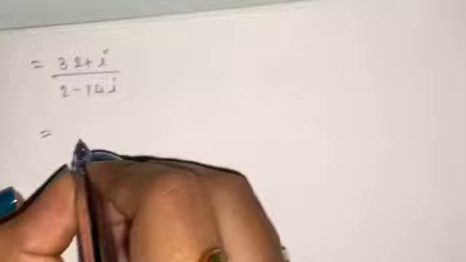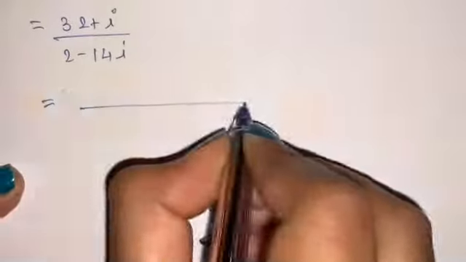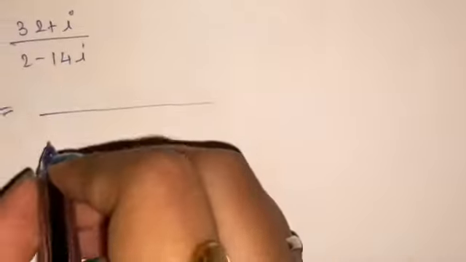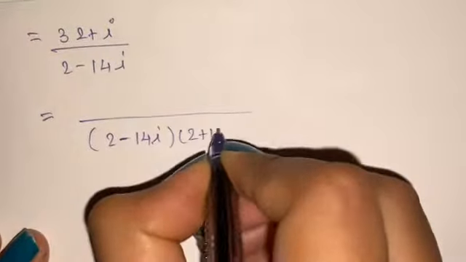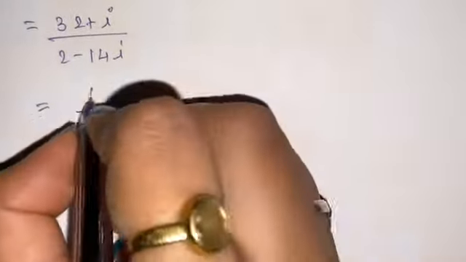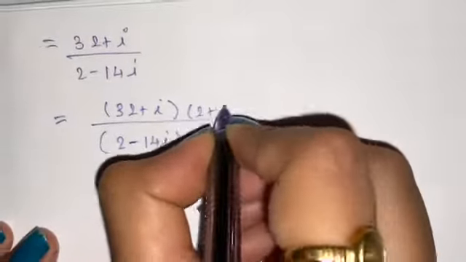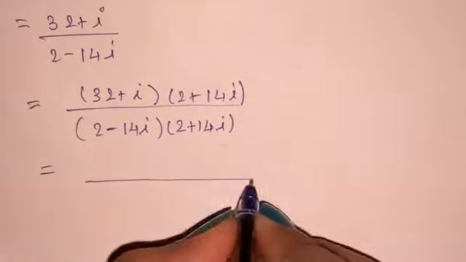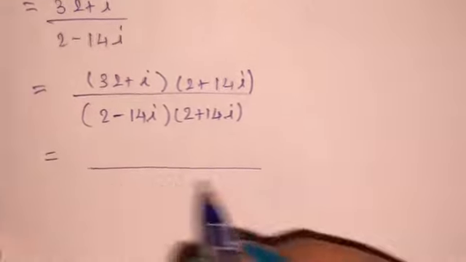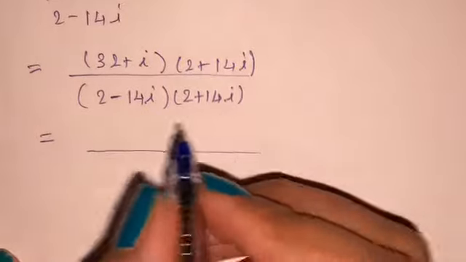This was the last step. So again I will rationalize it with 2 plus 14i. So 2 minus 14i into 2 plus 14i, 32 plus i and 2 plus 14i is equals to, you will get again AC minus BD plus i, AD plus BC.